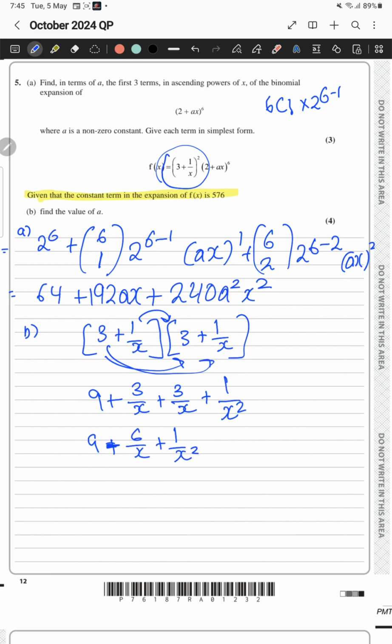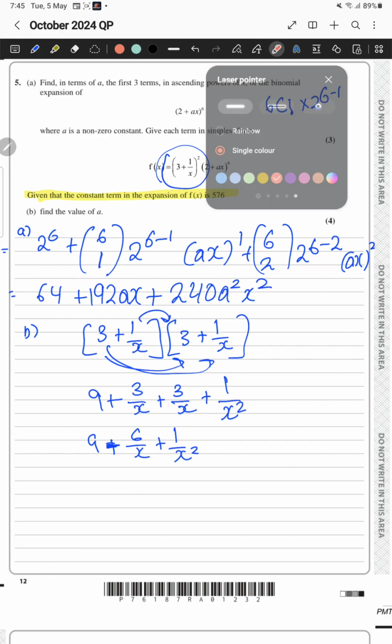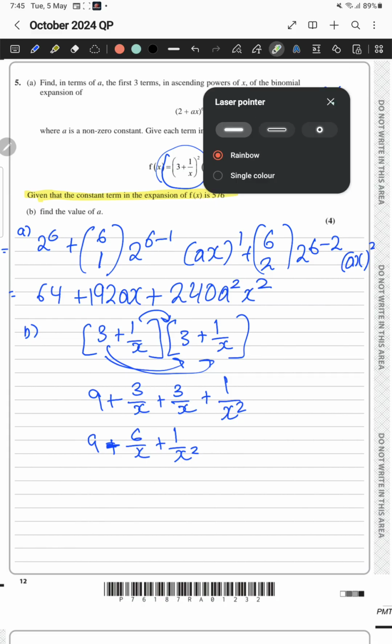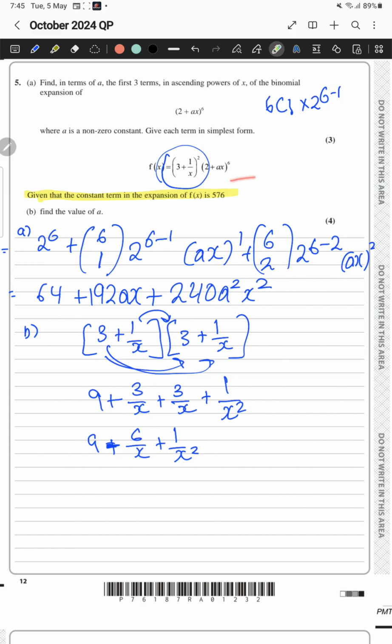Now whenever they say the constant term in the expansion, that means they are looking for a term that doesn't have an x, a term independent of x.